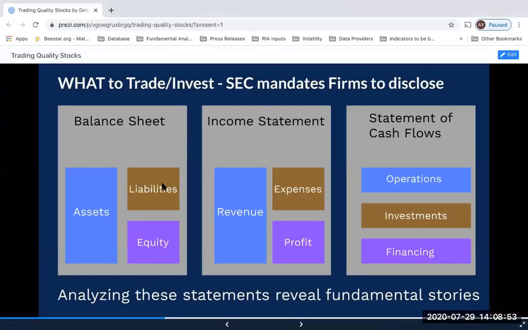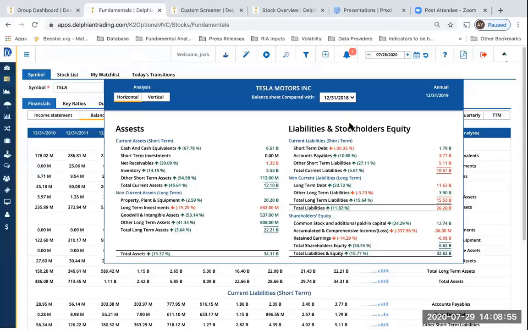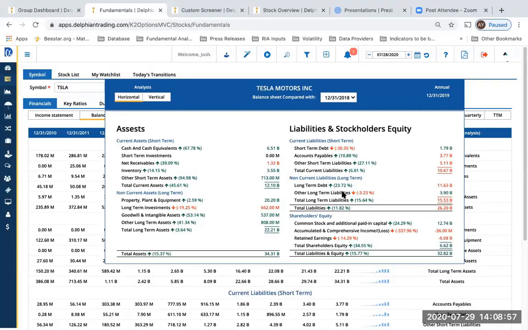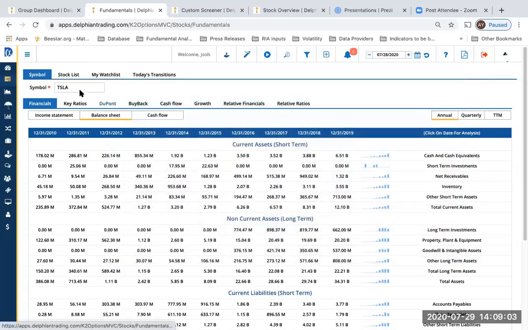The assets here, liabilities here, and equity here. So that's the same structure that you get here. Somehow this total is not matching. So select another stock, Sean.